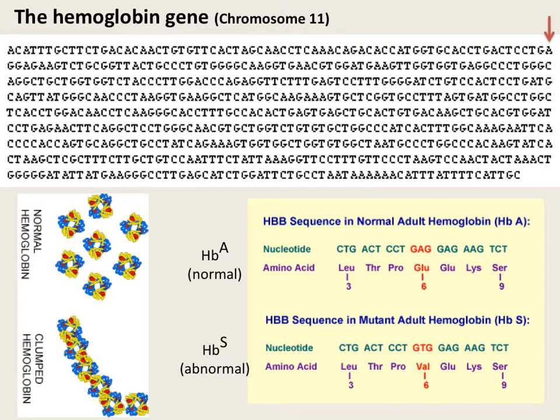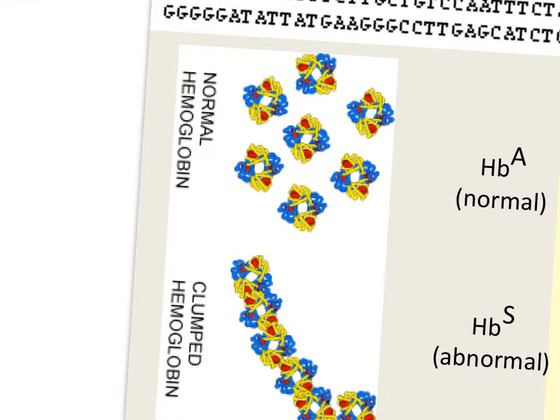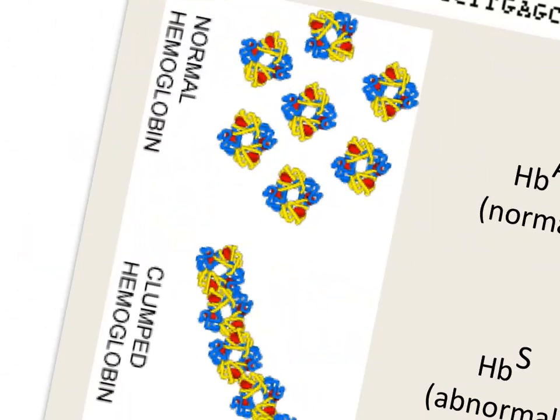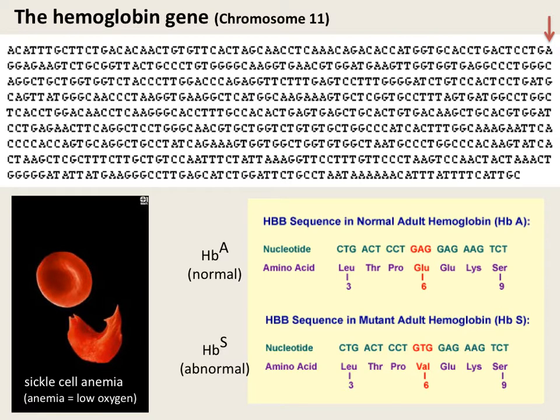So we can actually look at this. This is what normal hemoglobin looks like, and this is what clumped hemoglobin looks like. Okay. So what's happened here is that the A has been replaced by a T. And so instead of glycine as an amino acid, you now have valine.